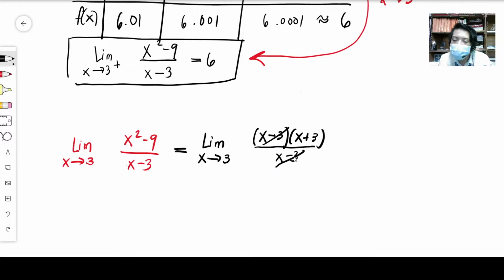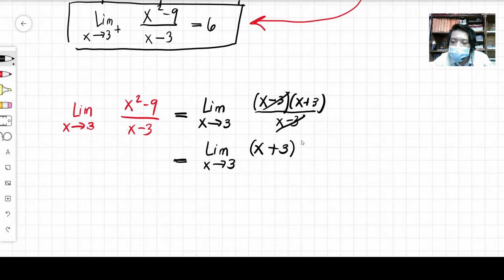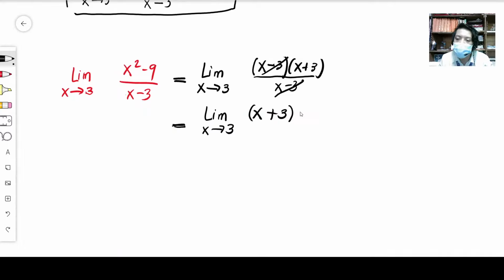What remains is the limit of x plus 3, as x approaches 3. Now this time, you can directly substitute, because it is now an algebraic function.